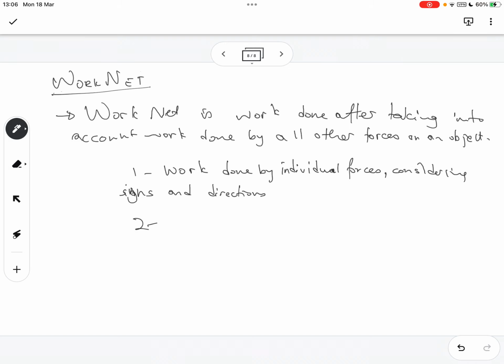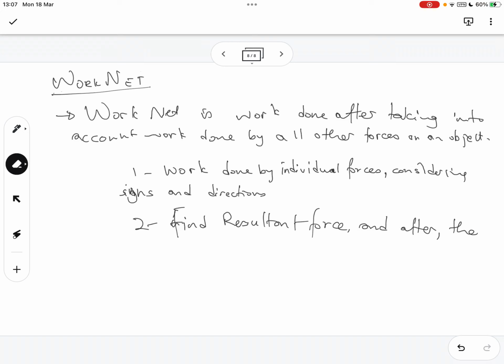And two, we can calculate the resultant force from all the forces acting, and afterwards calculate the work done by the resultant force.